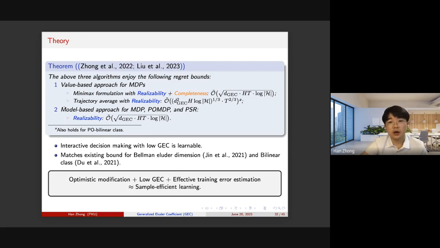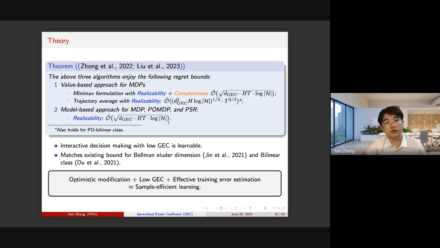For the model, this result also holds for the pure bilinear class, but I don't specify the details in this talk. For the model-based approach for the MDP, POMDP, and PSR, with only the realizability assumption, we have a regret of the order of √(d_GEC H T log H).